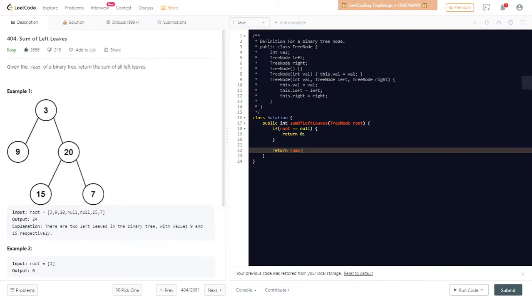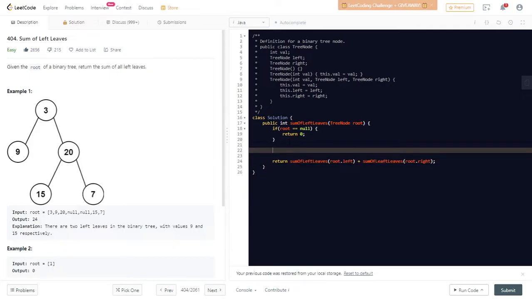So sum of left leaves root dot left plus sum of left leaves root dot right. This is what we will be returning.